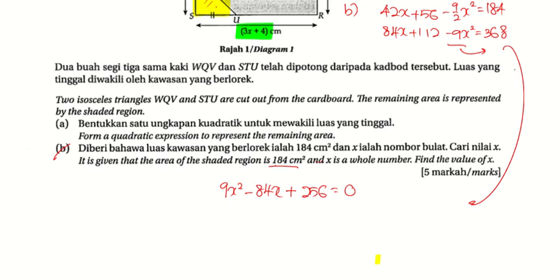Can I just use calculator? 9, negative 84, 256. Let me see, did I make any mistake here?